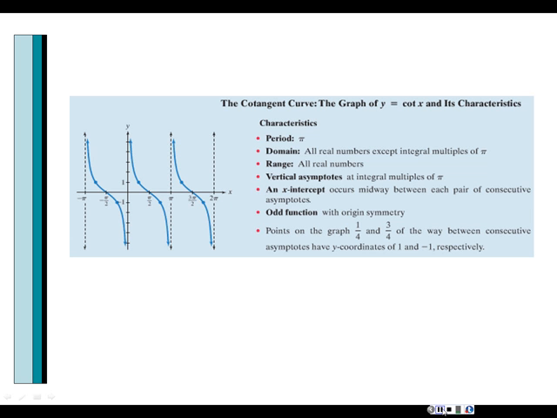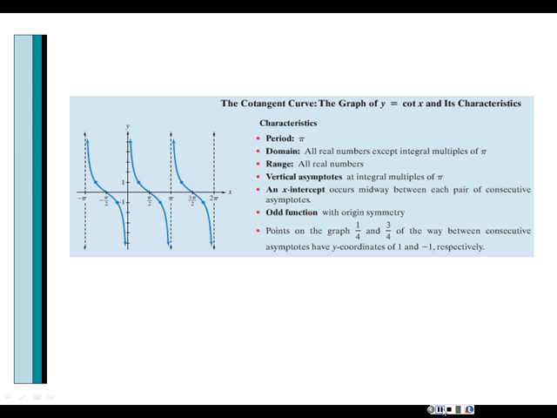You see, the vertical asymptotes are all integral multiples of pi. So basically pi, 2 pi, 3 pi, 4 pi, at all of those points your cotangent will be undefined. Look at this: at pi, undefined, right? At 2 pi, again undefined.